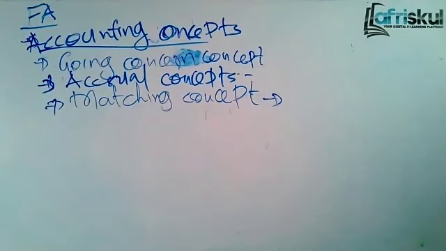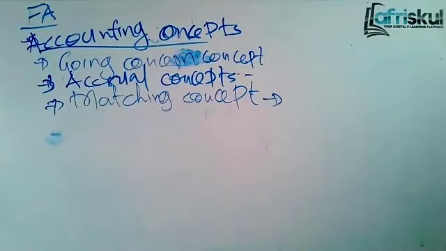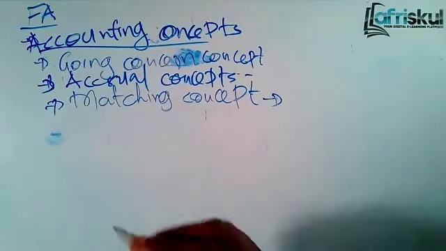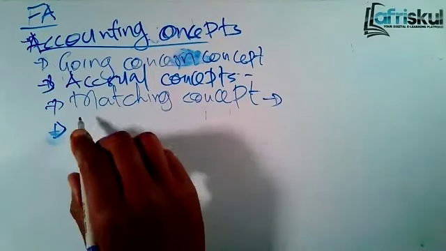And therefore, for the prepayment, on the expenses, we are supposed to deduct it. That's why, again, we check the prepayments on the current assets. Those are basically the accounting concepts that may be required in preparation of financial statements.